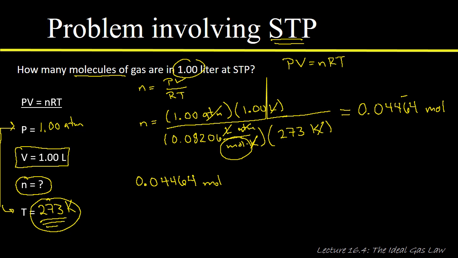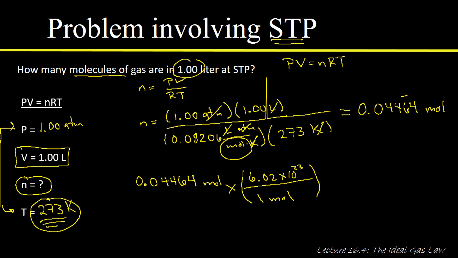0.04464 moles times Avogadro's number, which tells us that 1 mole has 6.02 times 10 to the 23rd of whatever those things are. In this case, molecules.